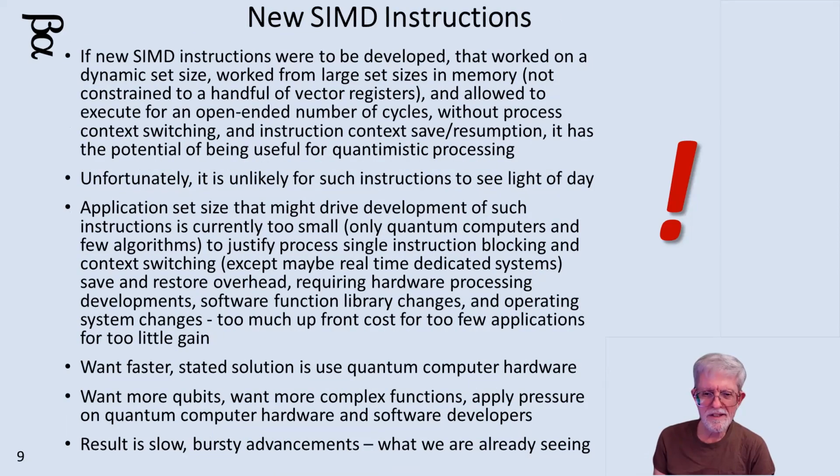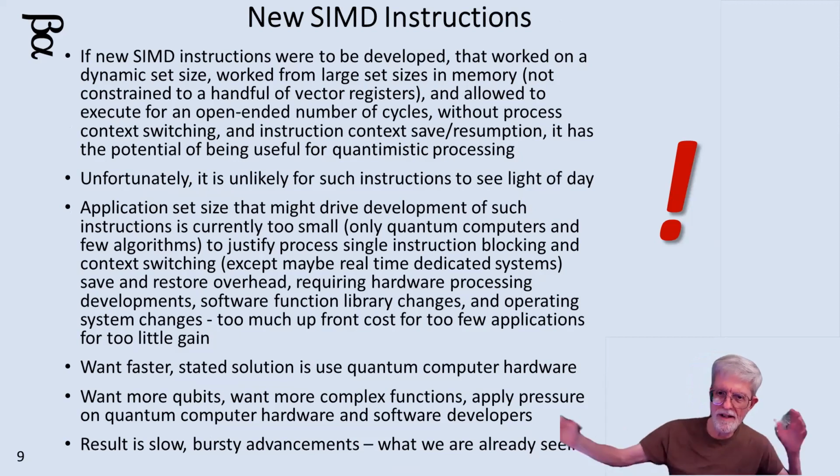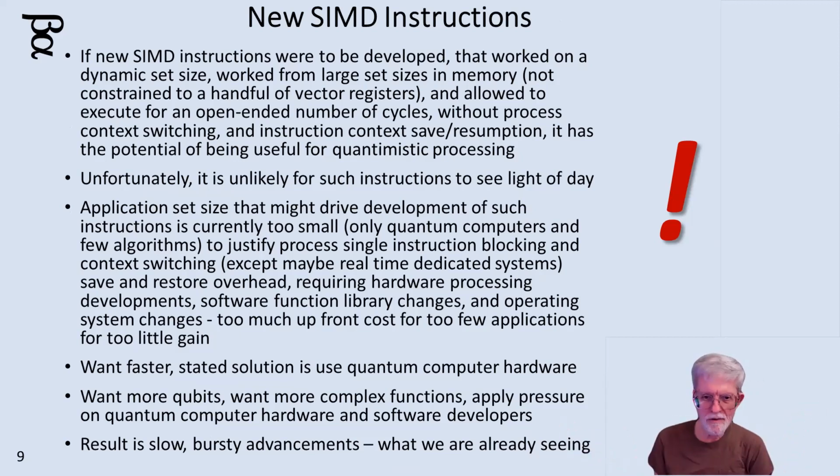Why don't we just make some new instructions? Well, as I mentioned, if an SIMD instruction is running for too long, the operating system will have to interrupt it mid-cycle, save away its registers, and then reload them. Well, if you wanted to do this in parallel over a very large set, like 1,000 vectors, that's going to run for milliseconds to good portions of a second.